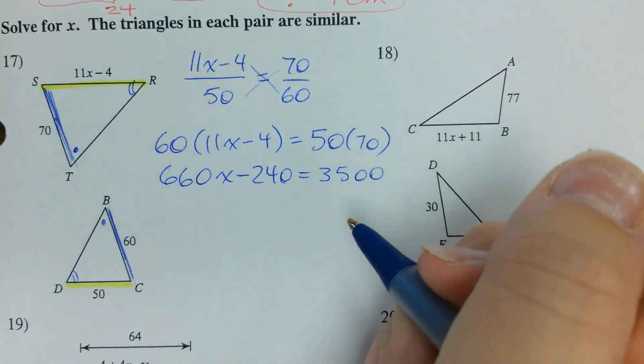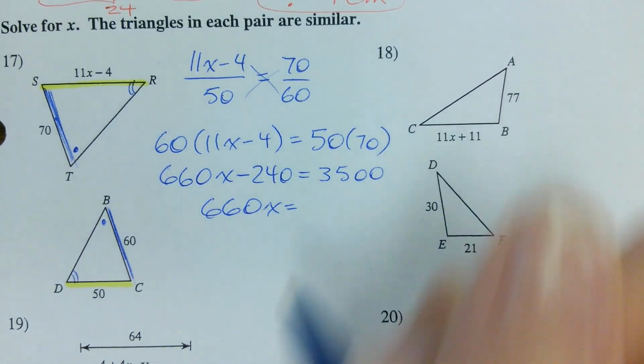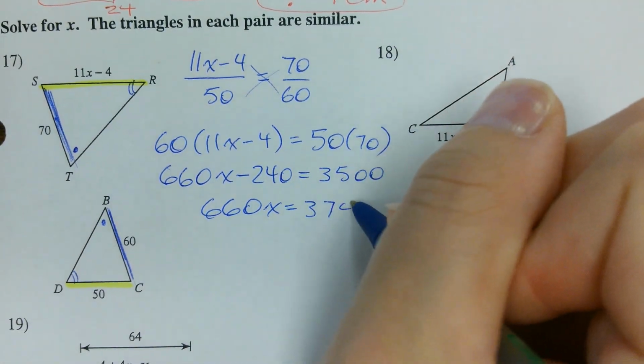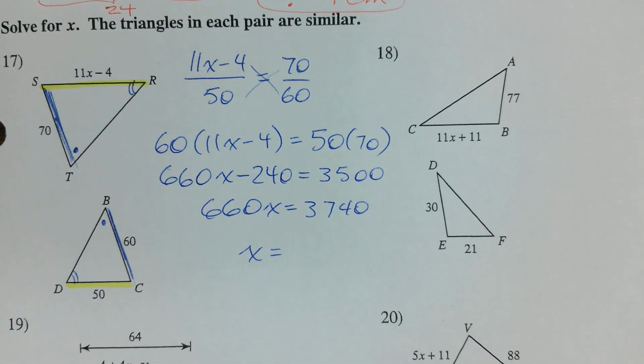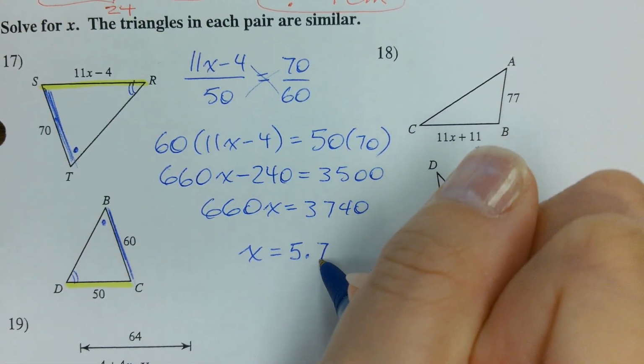Okay, move that 240 over by adding. So you get 660x equals 3,500 plus 240, 3,740. And then when you divide it by 660, you get 5.7.